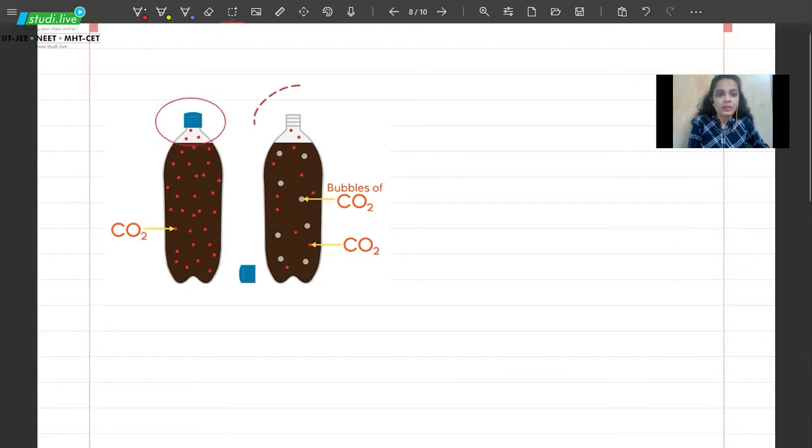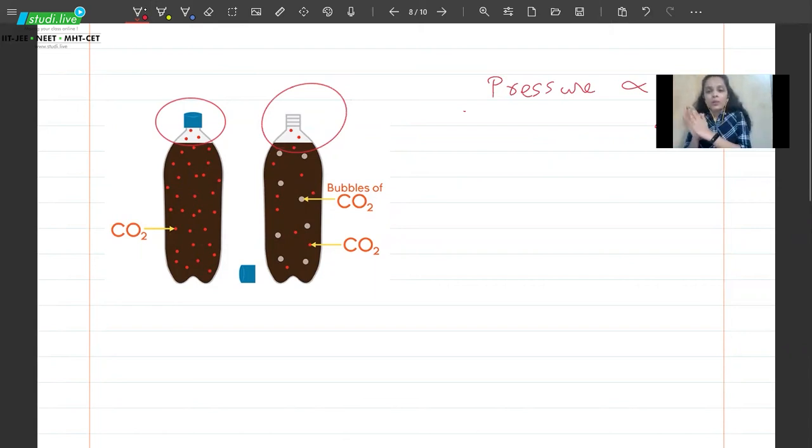As soon as we release the pressure, what is going to happen, student? CO2 bubbles out. Yes or no? So what we can say over here, pressure has a direct relationship with solubility, precisely the solubility of gas, only because solid and liquid have no effect. So as pressure increases, the solubility of gas in the liquid also increases.